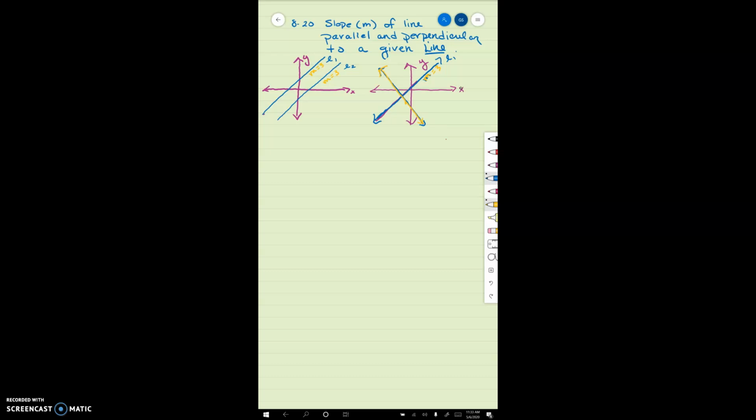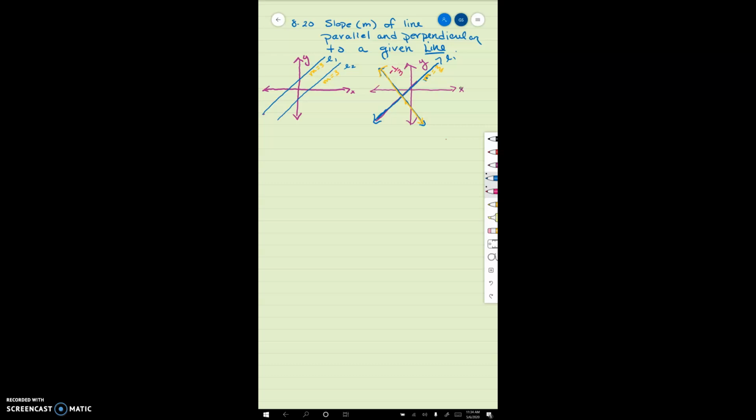But we know that if the first one was a 3, the second one has to be a negative something. Well, what happens is it becomes a negative 1 over 3. It gets flipped, or you use the reciprocal and you change the sign, so it's the opposite reciprocal. So that is going to be negative 1 over 3. Okay?